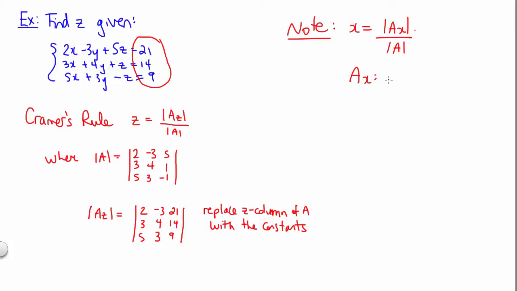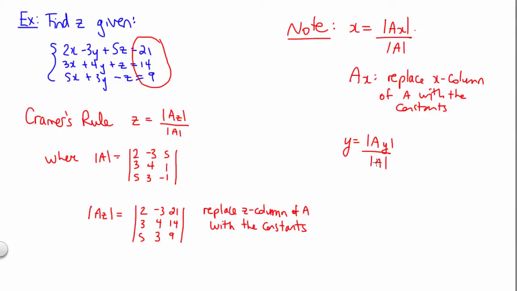So to get Ax, we would replace the x column of A with the constants. And to finish up this discussion, y is equal to the determinant of Ay over the determinant of A. To get this matrix Ay, we would replace the y column of A with the constants. Now at this point, I'm going to erase our side note and we can get on with our determinant calculations.